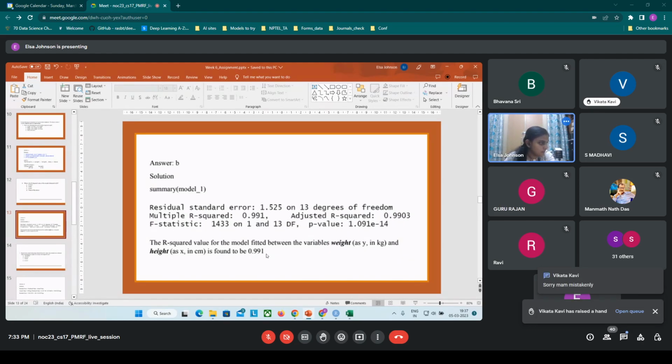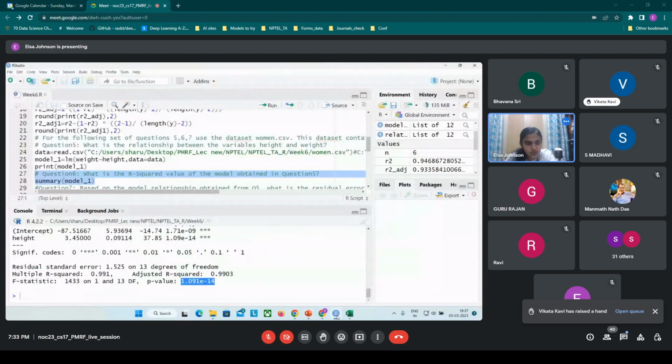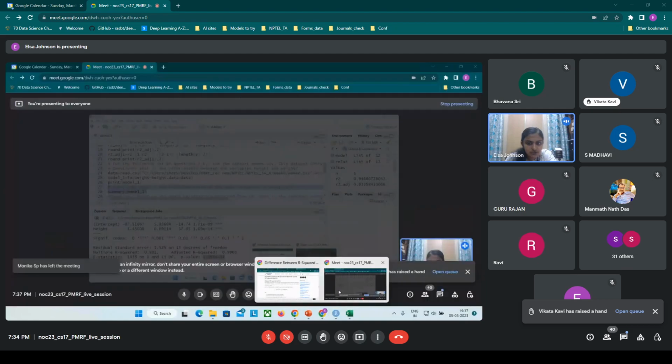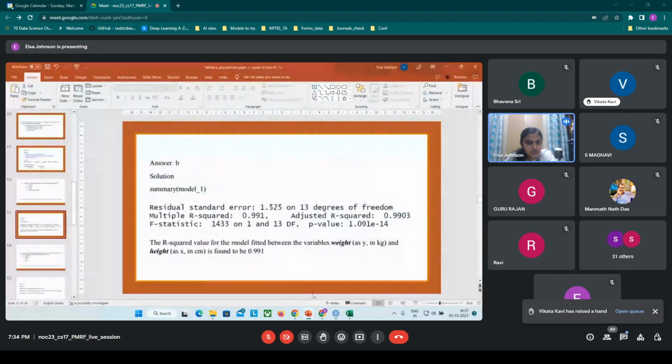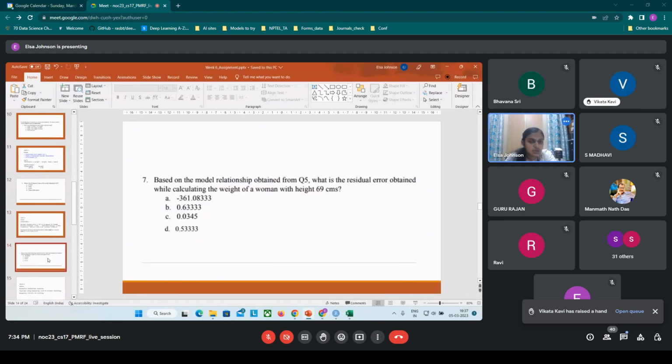Okay. Whoever is working parallelly in R can also check. I don't know if you have the data set with you. If you have, you can do that. Otherwise, you can try with whatever data set is available with you. Yes, Adam is trying, I think. Okay, we'll move on to the next question.